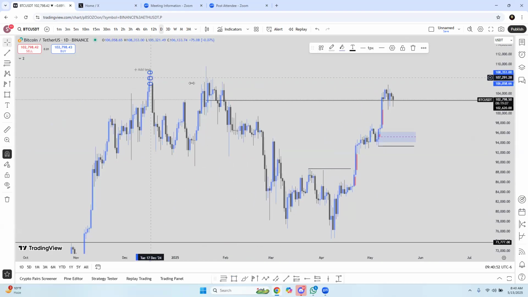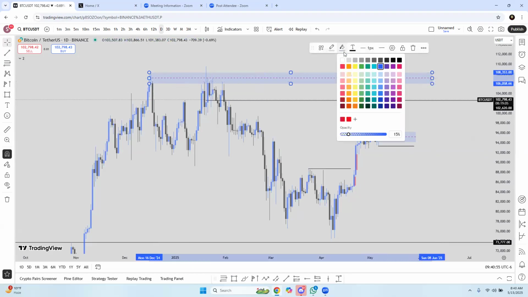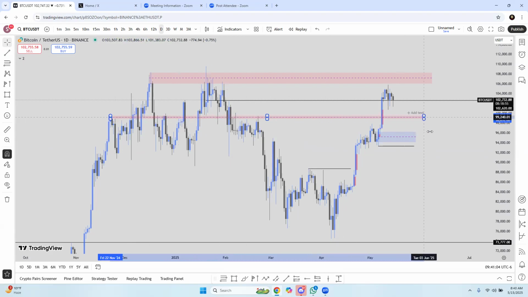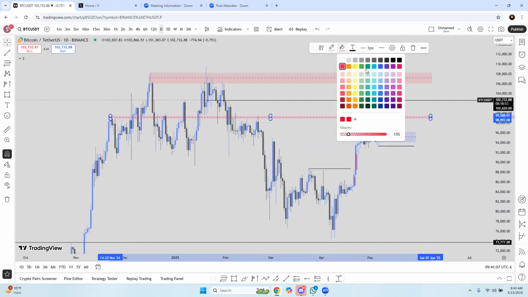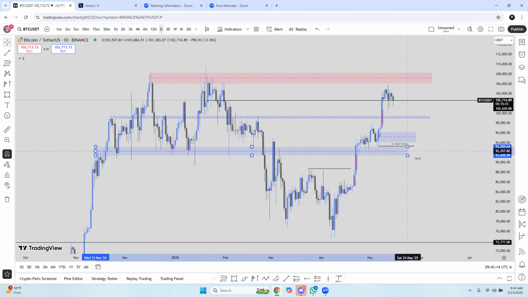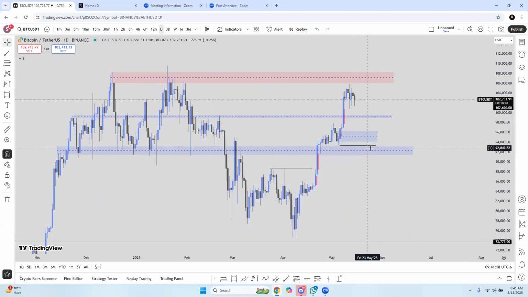First of all, this one, a resistive area here, important resistance, your important SR level as well on daily, this one as well. So our demand matches with this one.